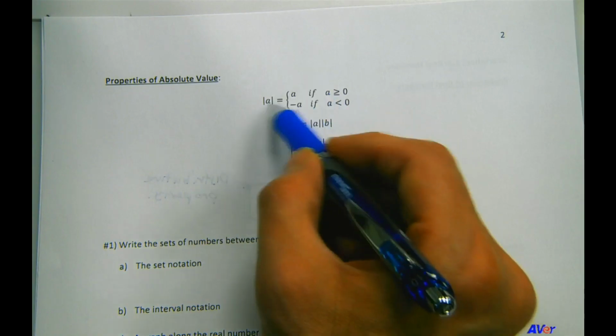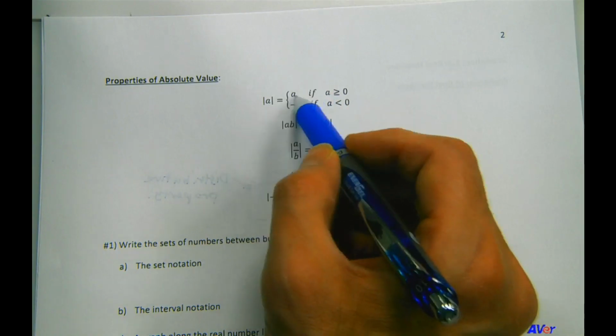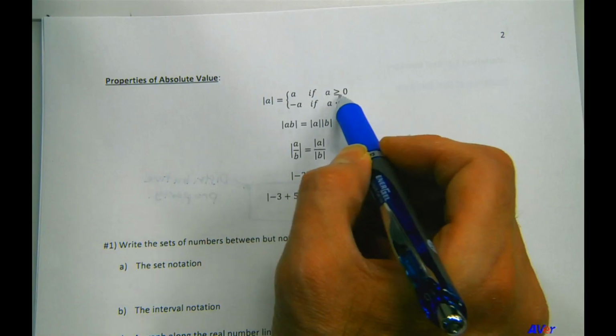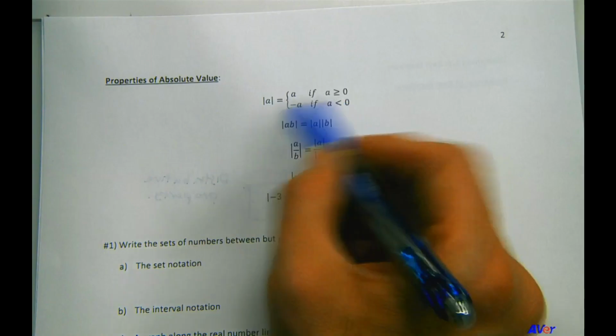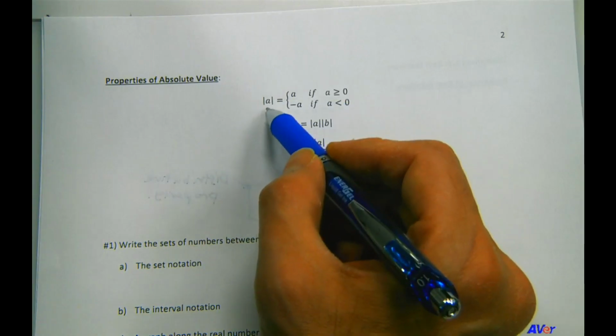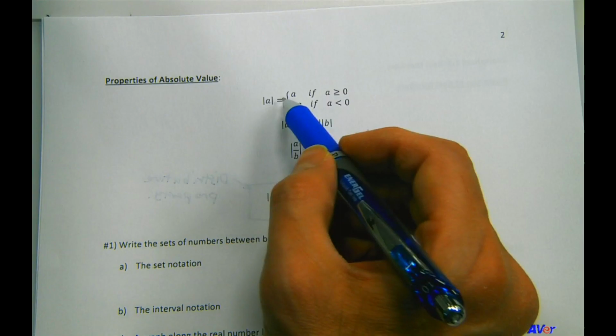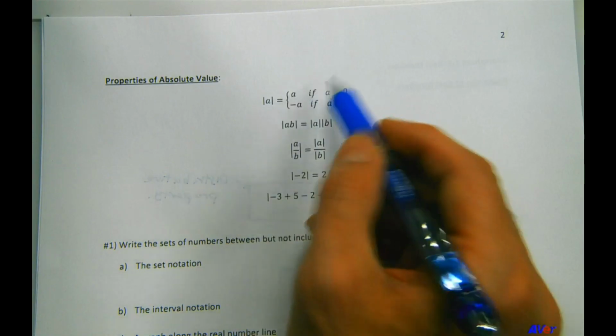And this is saying the absolute value of A is equal to A if A is greater than or equal to 0, which means if A is positive, then absolute value is a neutral operator, so it doesn't do anything because A is already positive.